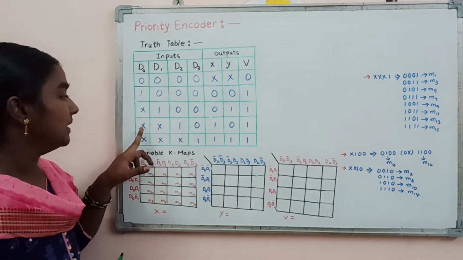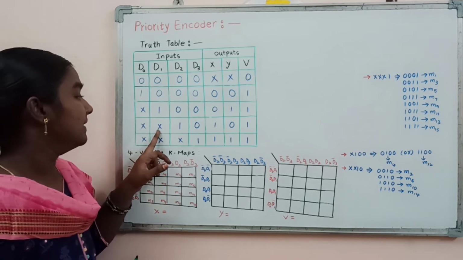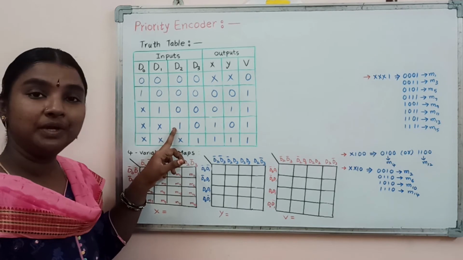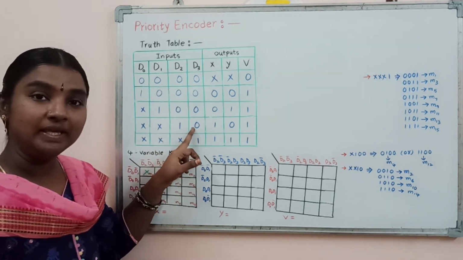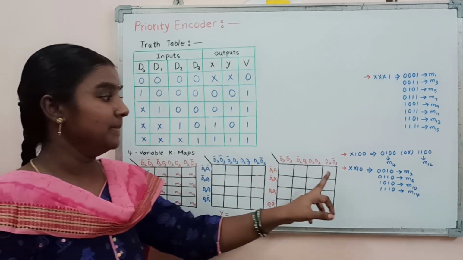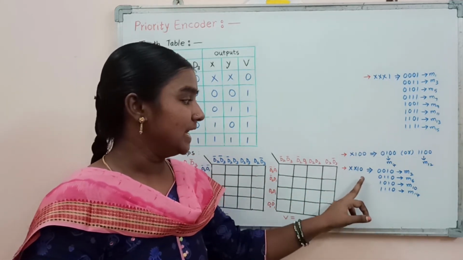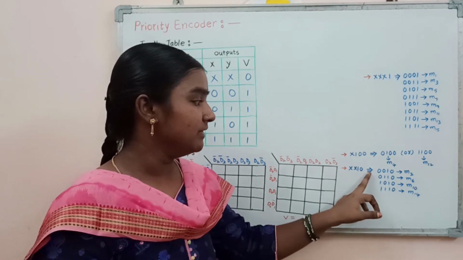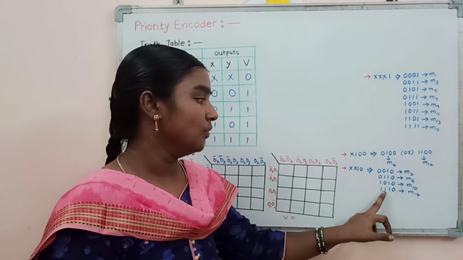Considering the other combination, D0 equal to don't care, D1 equal to don't care, D2 equal to 1, D3 equal to 0, we may consider four combinations, since don't care means we may consider 0 0, 0 1, 1 0, 1 1.